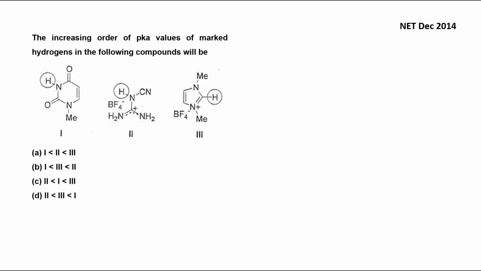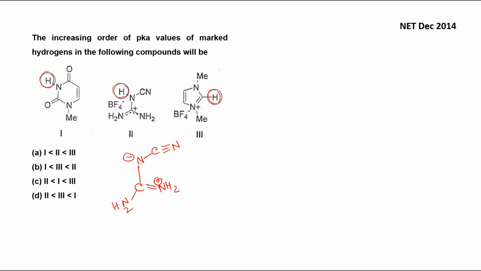This is very interesting. The increasing order of pKa value of the marked hydrogen. That means this hydrogen it is talking about, circled. Now here, first we will try to see which one is maximum acidic. If you remove H and write the negative charge, then from the middle species, what are we getting? If you write it here, the positive charge is delocalized over this N, C and N, but if I write it like this, NH2, NH2.